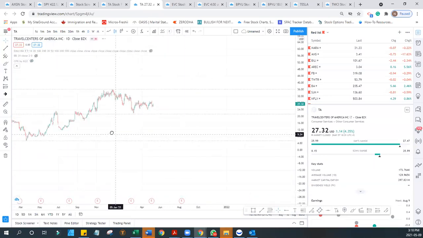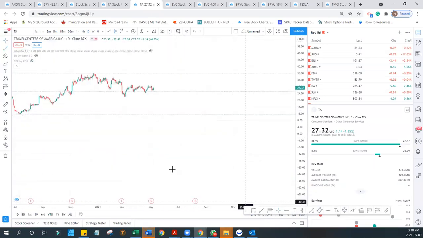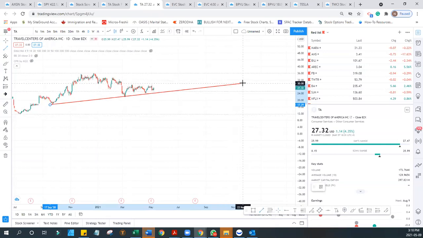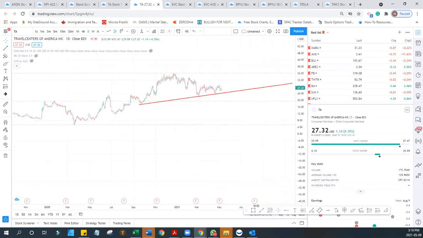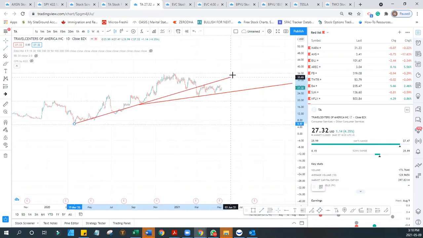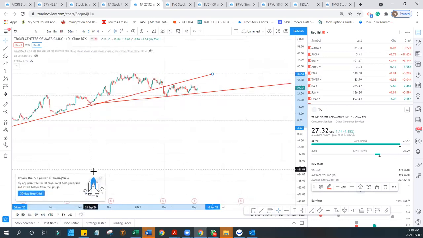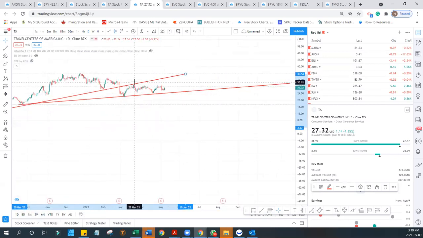Okay, so I can draw the trend line here, right? That is supporting, but it kind of broke the major trend line here. It was a breakdown. So the price already touched, the retracement has happened.